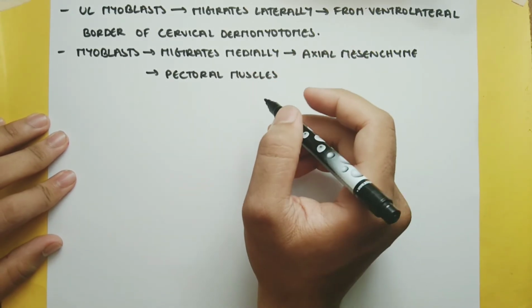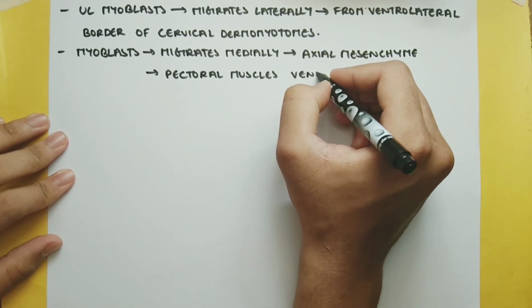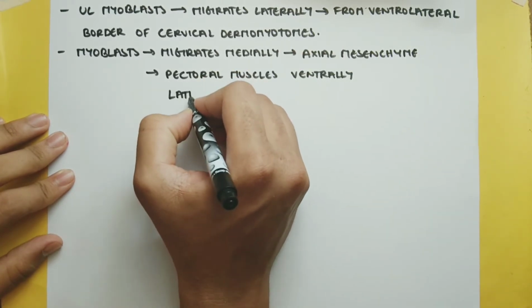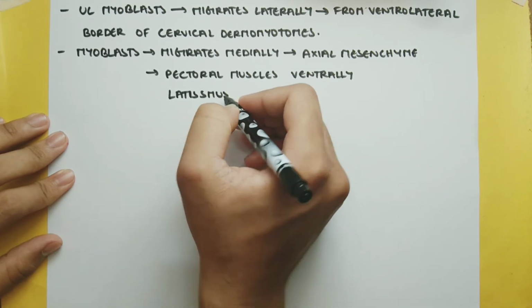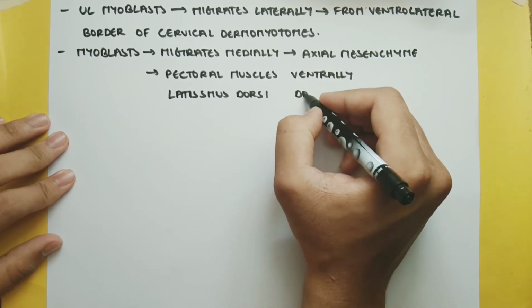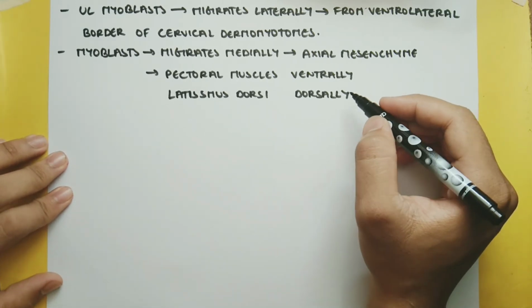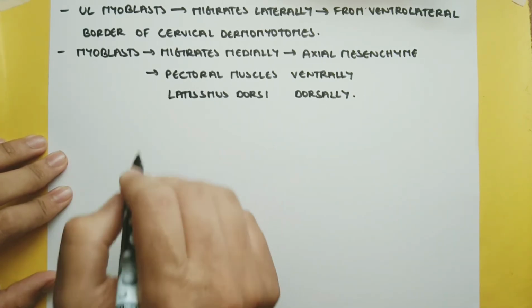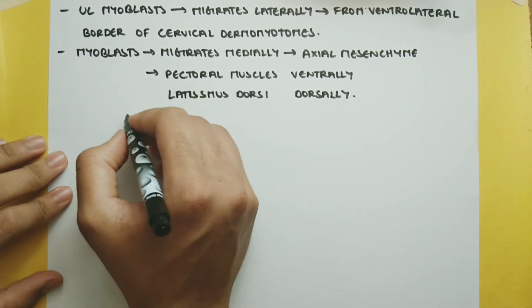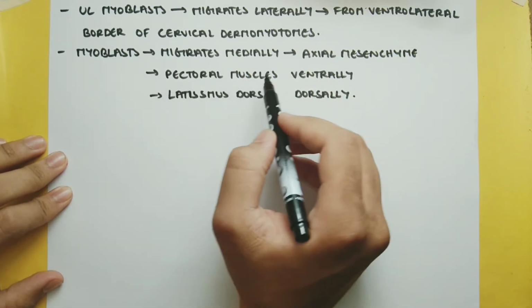Pectoral muscles are of two types, pectoral major and pectoral minor, and latissimus dorsi dorsally. These are the superficial muscles.